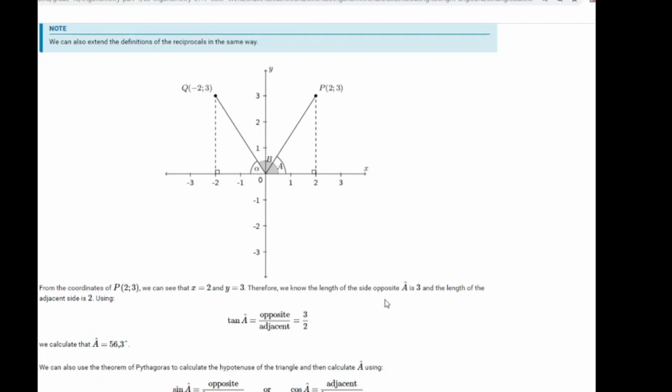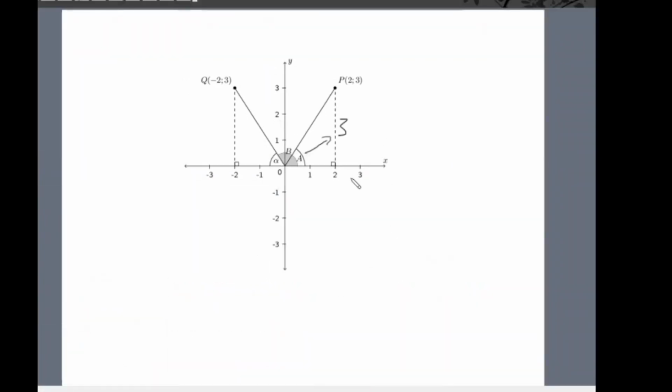And the length of the side adjacent to angle A is 2. So this is the side adjacent to A, and it is 2.